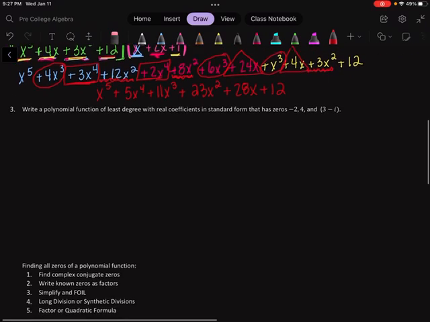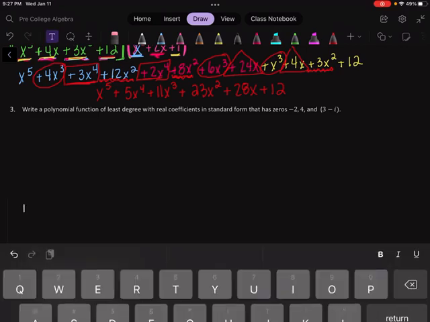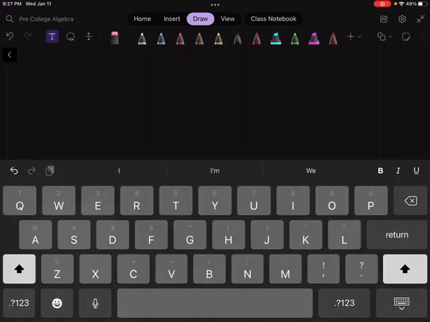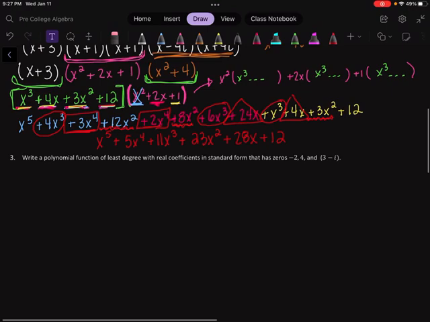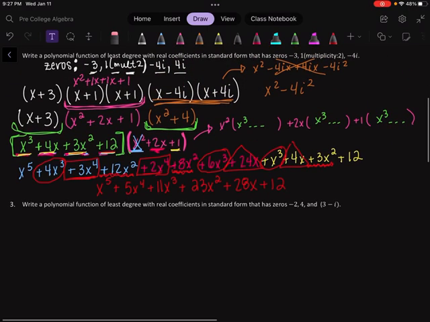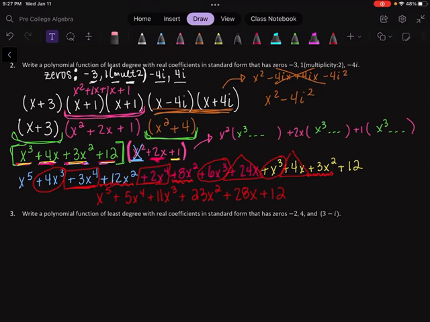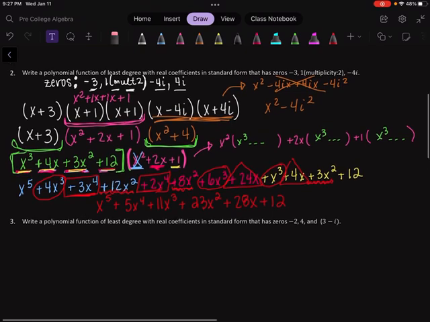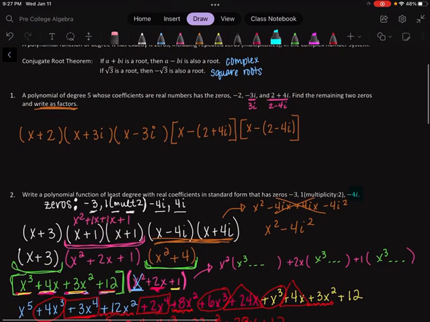All right, this one's a little bit more complicated because this complex number is a minus bi, right? It's not just a bi. This one up here in 2, it was just the 4i, where this guy right here is 3 minus i.